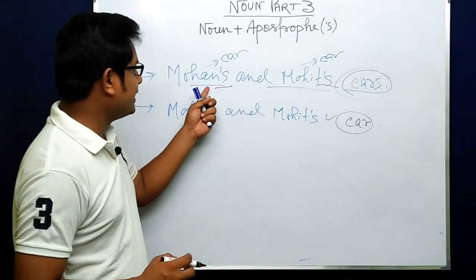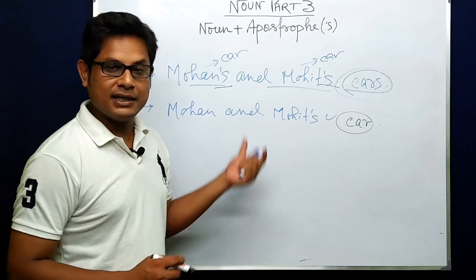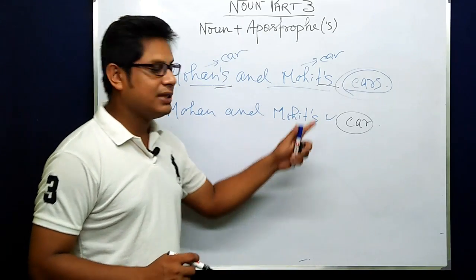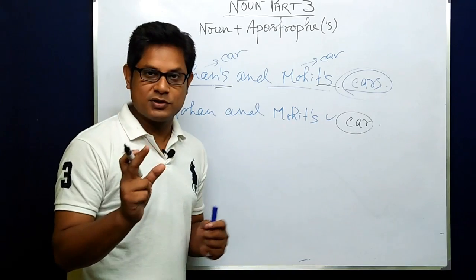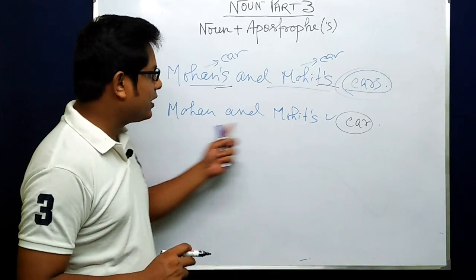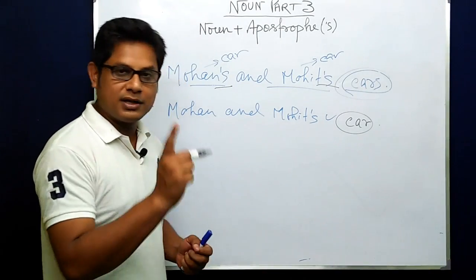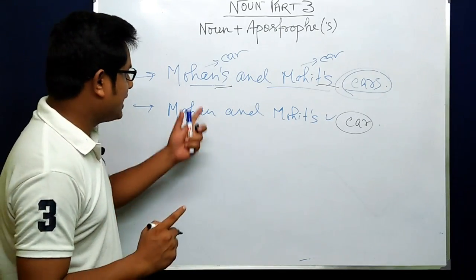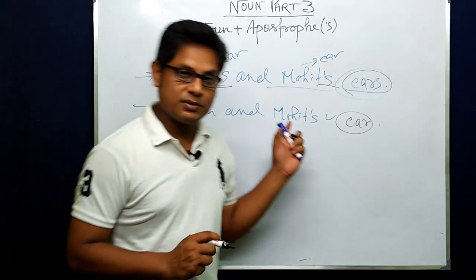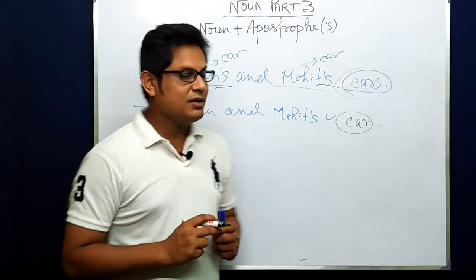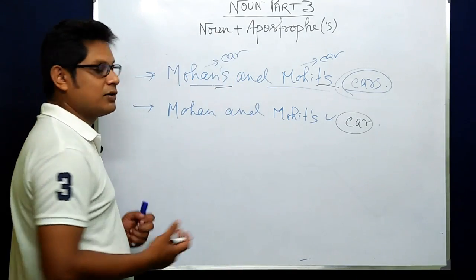But in the other sentence, Mohan has a single car and Mohit has another car, which means they have two cars in total. But over here, Mohan and Mohit have one car together. Clear? So that is the difference between the two sentences. So that is the meaning, or the context, that you have to keep in your mind, the way of using it, when you want to use it.